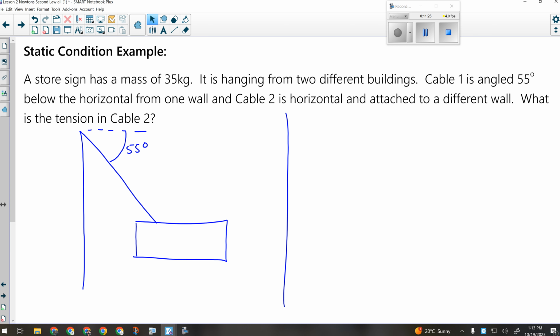I'll call that cable 1. And it says cable 2 is horizontal and attached to a different wall. And the store sign is 35 kilograms.